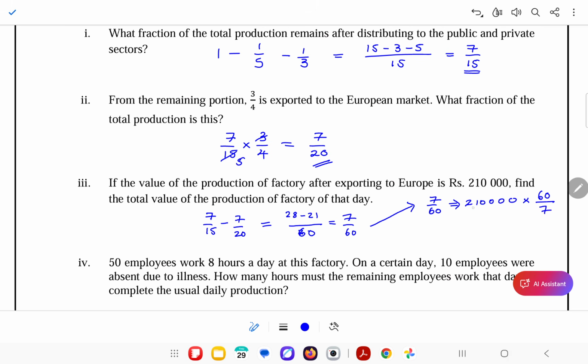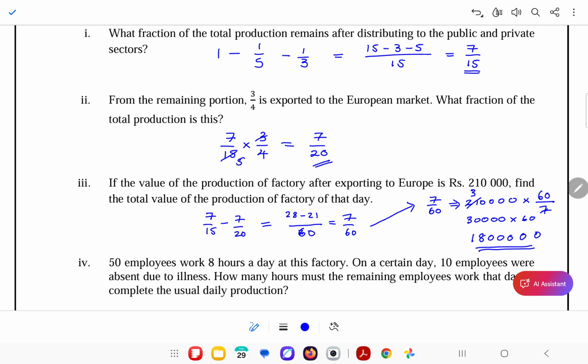So what do you get? 30,000 into 60. So 300,000 into 6, 1.8 million, right? 1.8 million. That is the total value of the production for the factory.